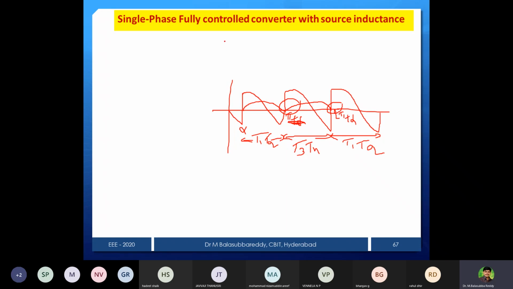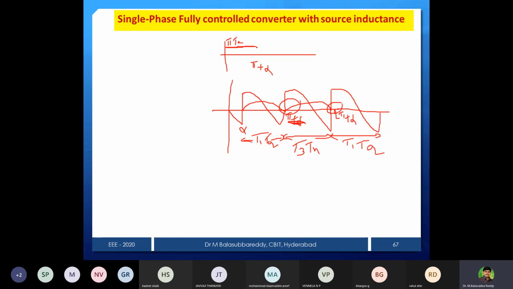But suppose in a particular case the load current, of some magnitude which we assume constant for our analysis, is carried by T1 and T2. How long will it be carried? Up to pi plus alpha. According to our previous analysis, immediately T3, T4 would fire and T1, T2 would turn off.